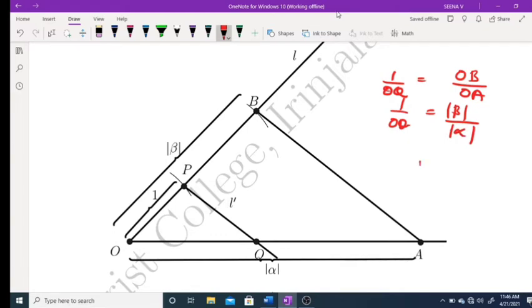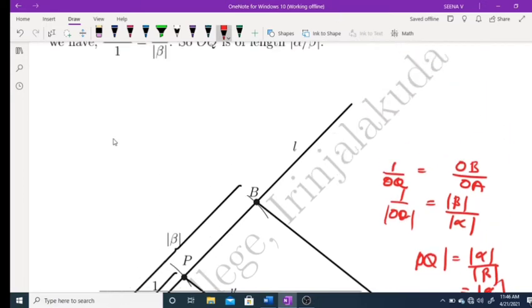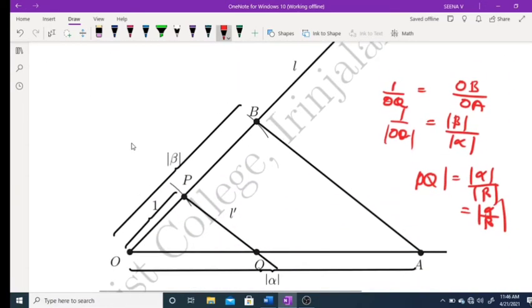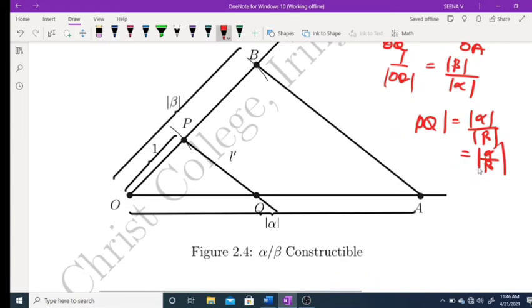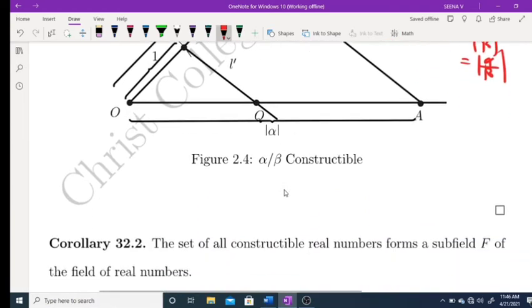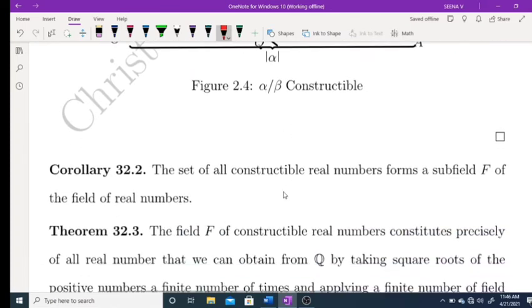If you take mod OQ, this is equal to mod alpha by mod beta, which is the same as mod alpha by beta. So that means OQ is of length alpha by beta. This implies alpha by beta is constructible if beta not equal to 0.